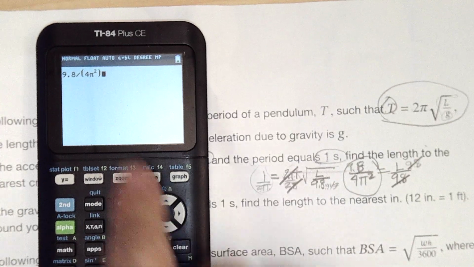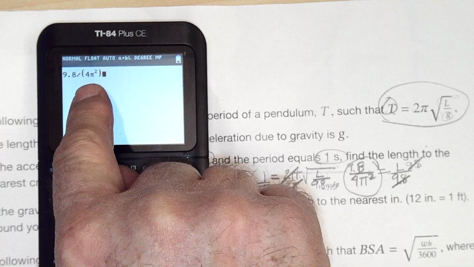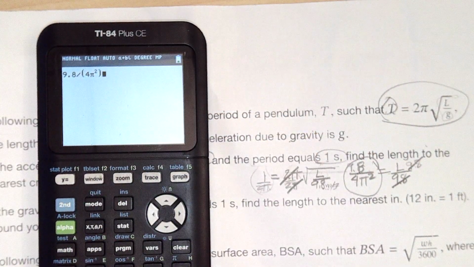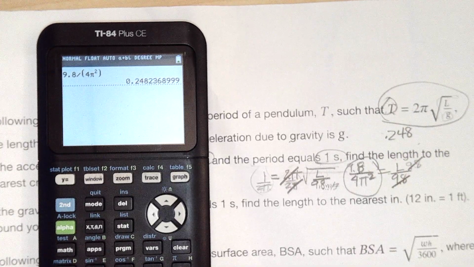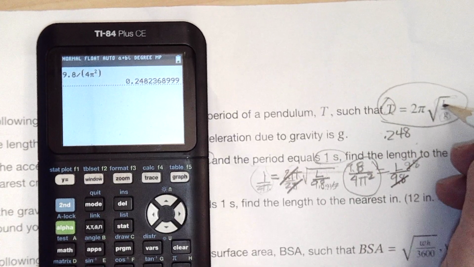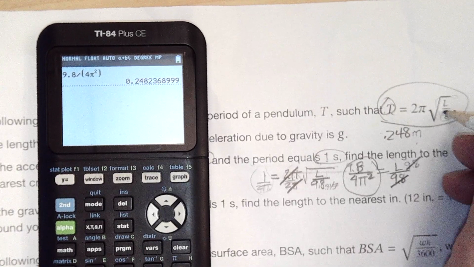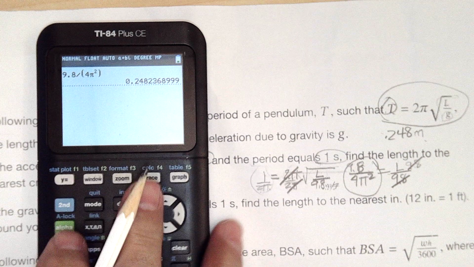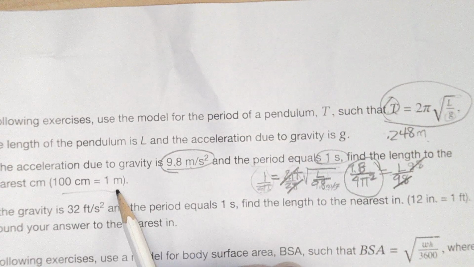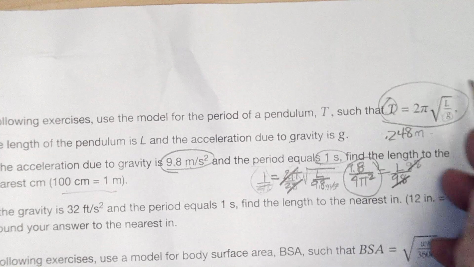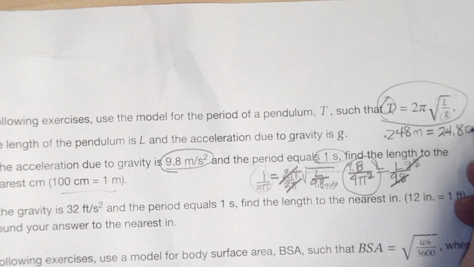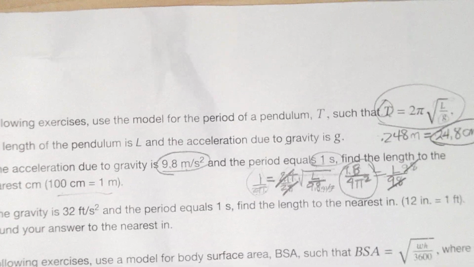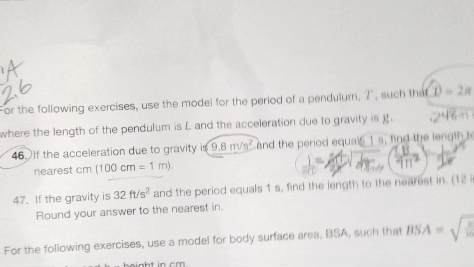If I don't put them in parentheses, it'll do 9.8 divided by 4 and then times pi squared, which will be the wrong answer. Anyway, I get 0.248. That will be L in meters because this was in meters. Now to get it into centimeters, we multiply this by 100, so it would be 24.8 centimeters. So that's the answer to 46.